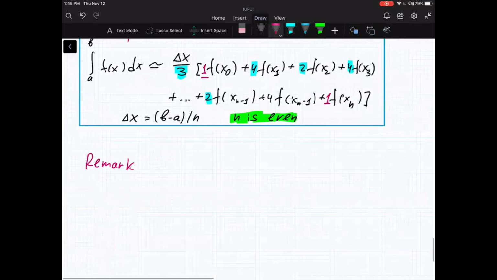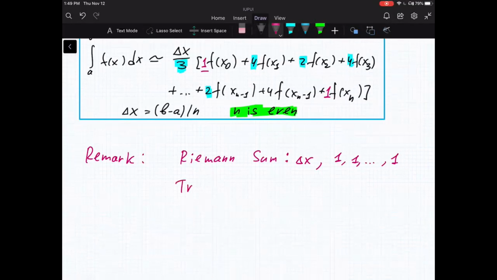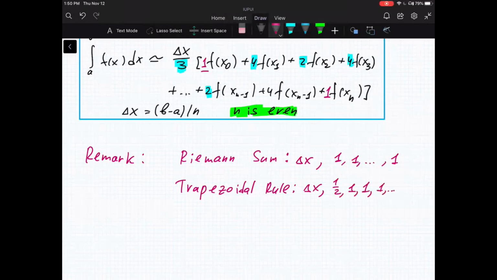Let me make a remark. For the Riemann sum, we have just delta x, and the coefficients are just 1, 1, and so on. For the trapezoidal rule, we have also delta x, and the first one has coefficient 1/2, then you have all ones except the last one.